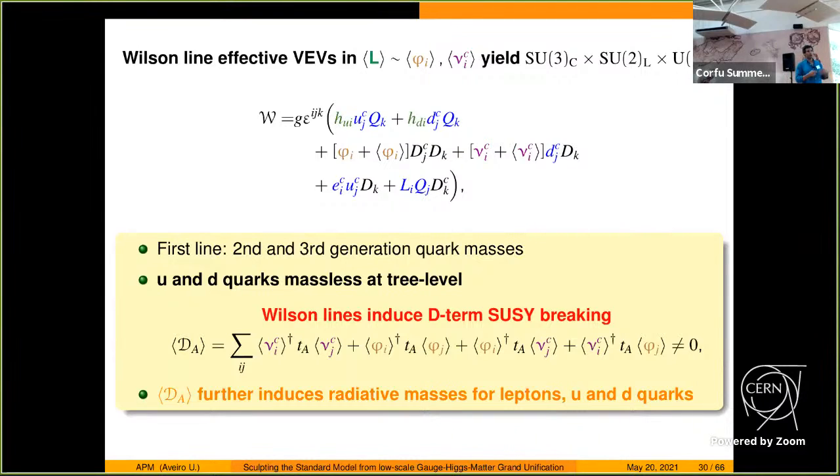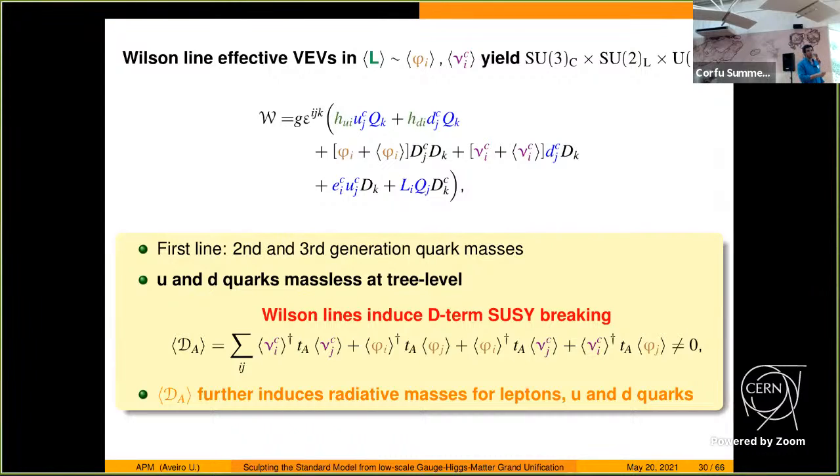When they acquire VEVs later on, they can also get VEVs via Wilson lines, but here we rely on radiative breaking, because if we rely on Wilson lines, the hierarchy between the Wilson lines and the electroweak scale is such that it's hard to motivate. So we prefer to generate them radiatively.